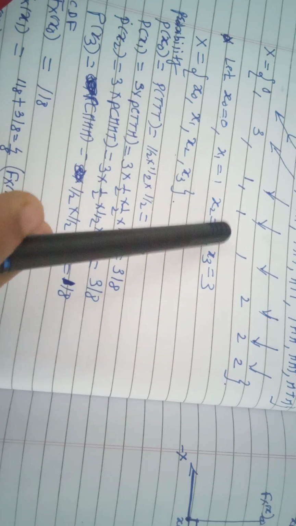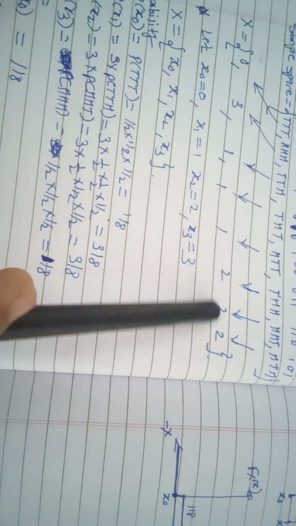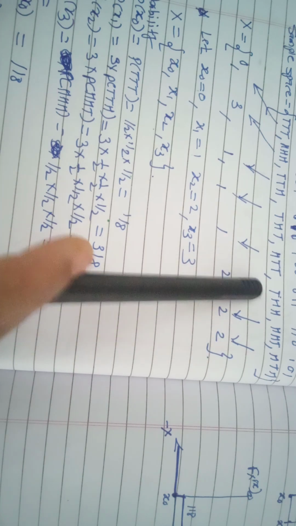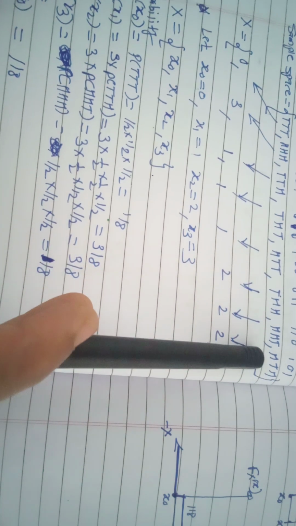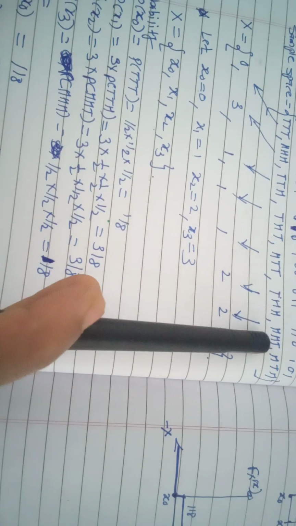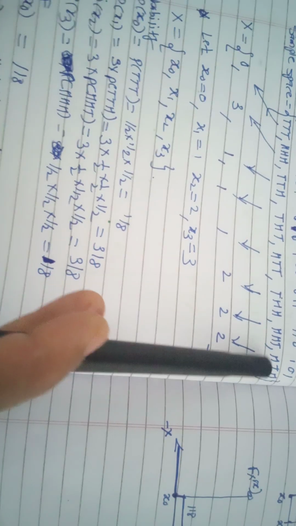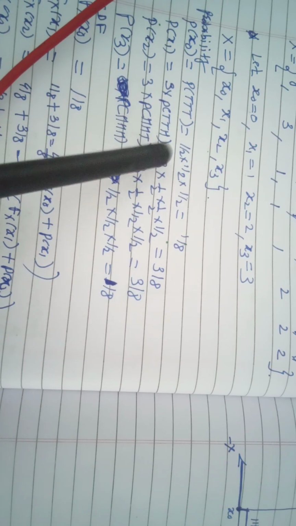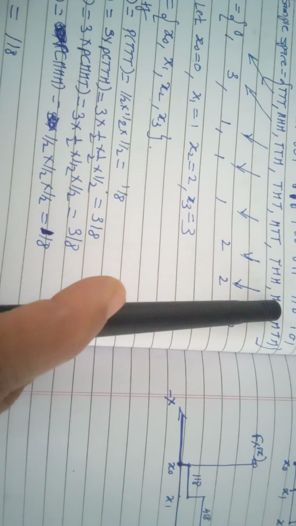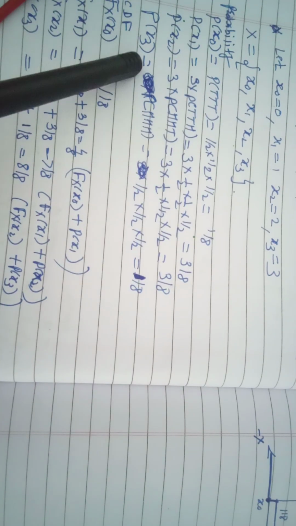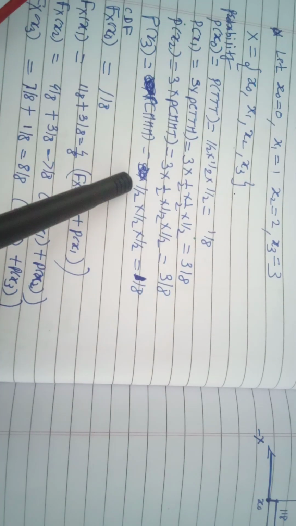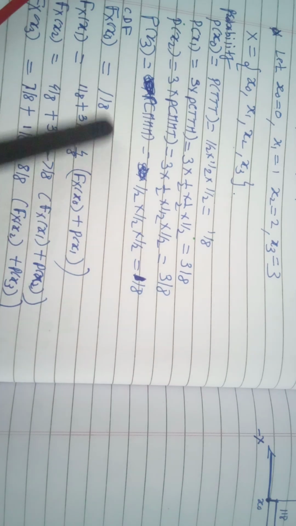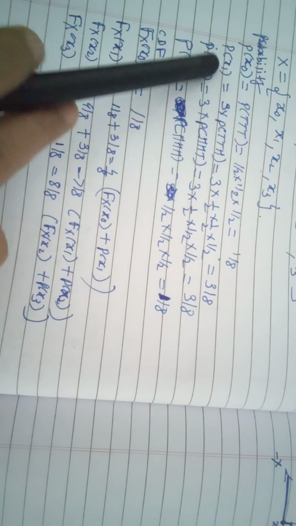X2 is the number of heads equal to 2. This has 3 outcomes: THH, HHT, HTH. Each has probability 1 by 8, so the probability is 3 by 8. Every outcome has probability 1 by 8. Now the probability of x3 is the probability of triple H, which is only one outcome, so 1 by 8. So here we have found the probabilities of the random variable values.